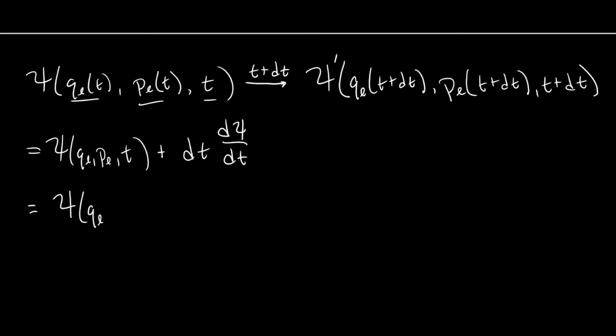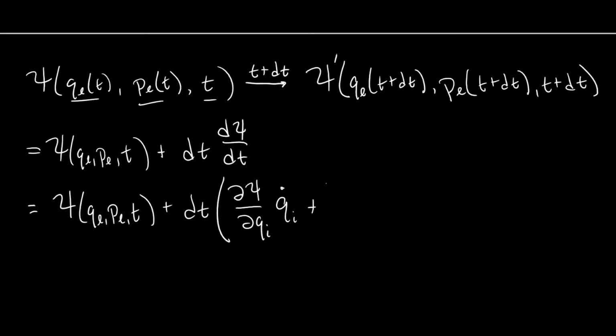So I can write that a bit more explicitly: dt, and now I can just use my chain rule like normal. d psi dq_i q_i dot plus d psi dp_i p_i dot plus d psi dt.